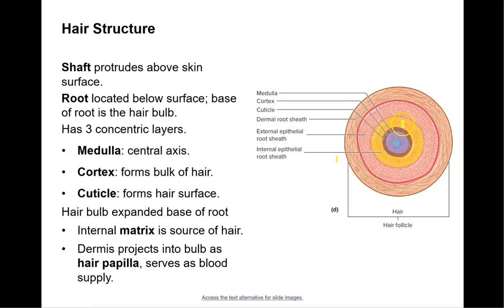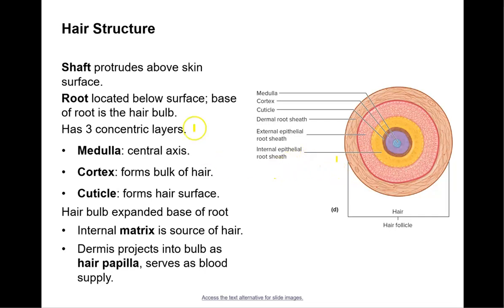This layer shown here in yellow is the internal epithelial root sheath. So it's just a sheath around the root structure. The cells in this pink area are the external root sheath. And then the very outside is the dermal root sheath. So we're looking at the root of a hair follicle. The matrix is the source of new hair.